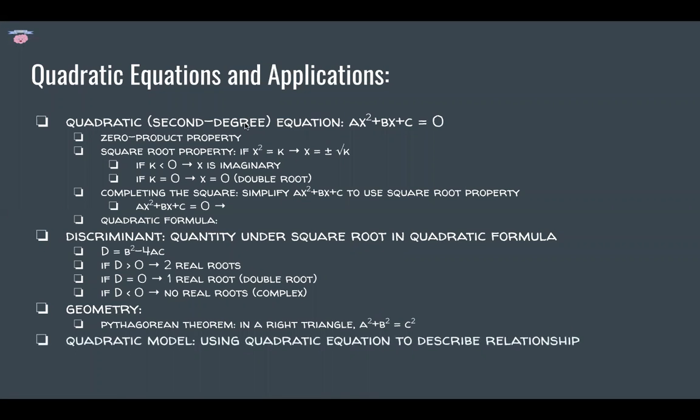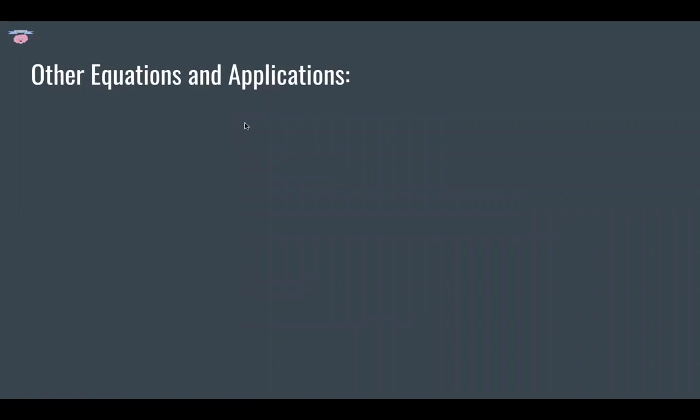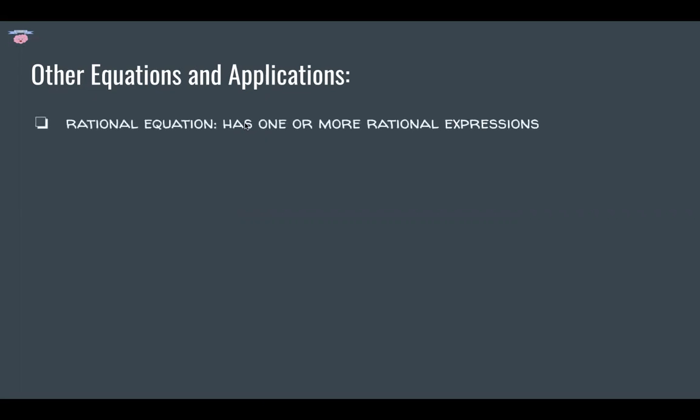A quadratic model uses a quadratic equation to describe a relationship. So it's sort of like a linear model, except it uses a quadratic equation instead. Some other types of equations: a rational equation has one or more rational expressions. So for example, 2 over x plus 2, plus 3 is equal to 0.